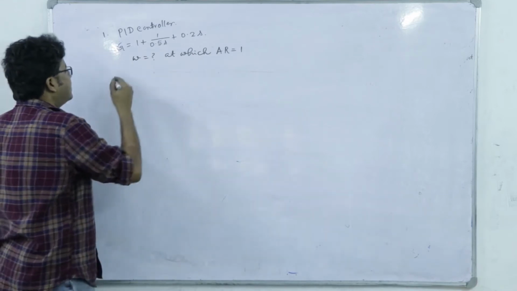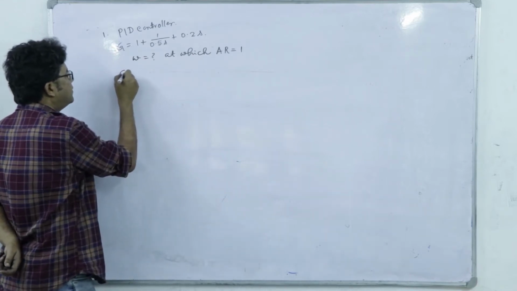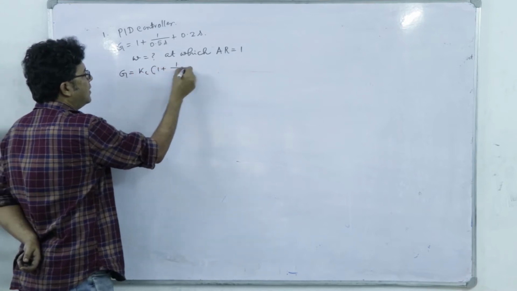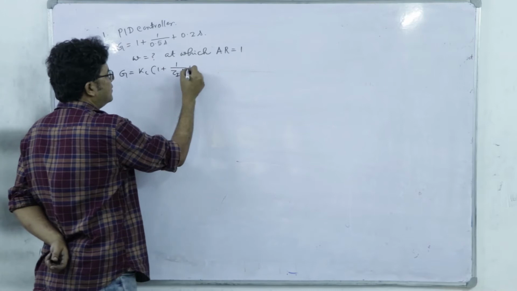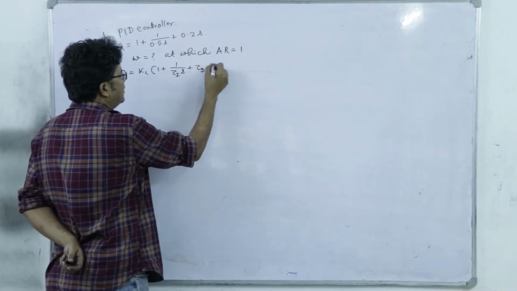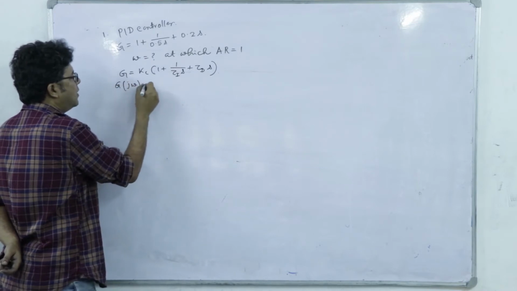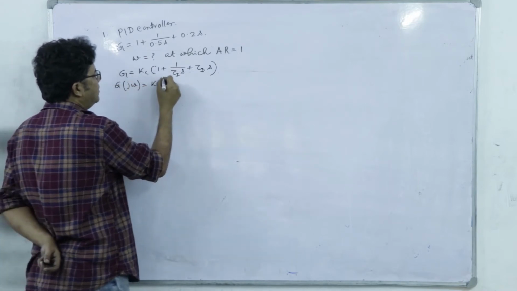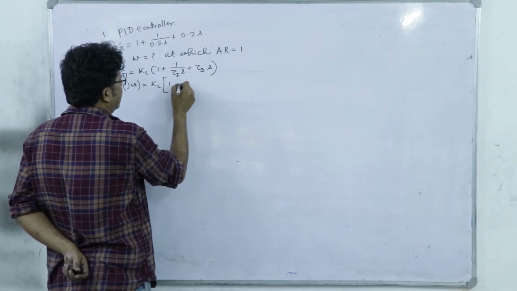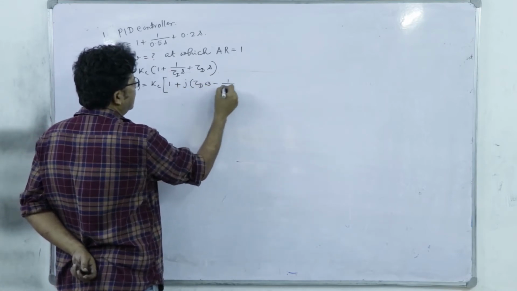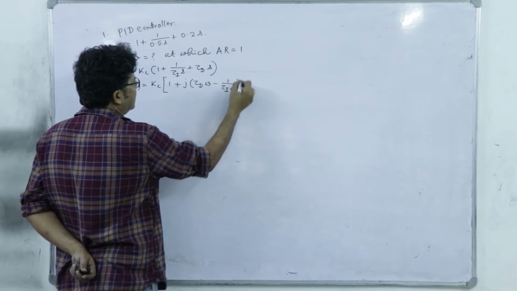So, you see, if we have the transfer function as Kc (1 plus 1 by tau I s plus tau d s), so G of j omega is Kc (1 plus j (tau d omega minus 1 by tau I omega)).